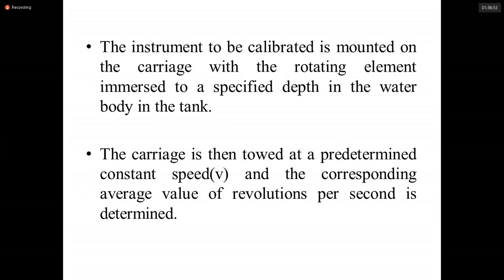The instrument to be calibrated is mounted on the carriage with the rotating element immersed to a specified depth in the water body in the tank. We already discussed this. The carriage is then towed at a predetermined constant speed and the corresponding average value of revolutions per second is determined.